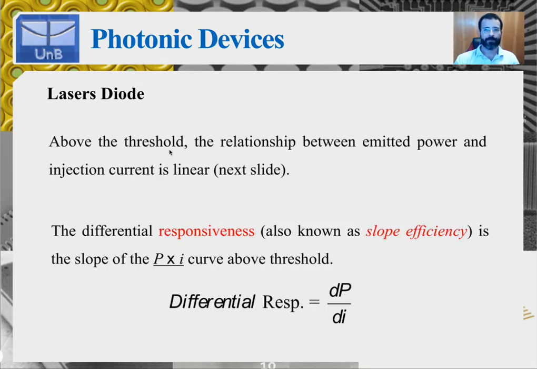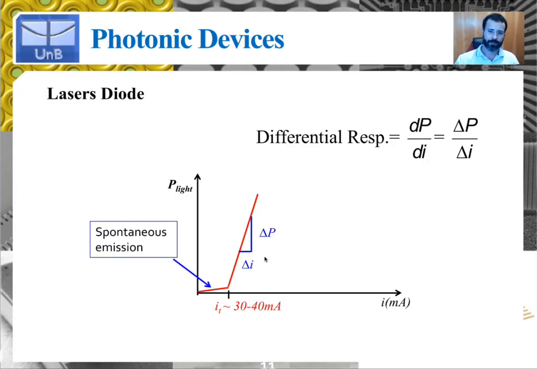And above this threshold current, the relationship between the power that's emitted and the injection current is pretty much linear, right? So what we have is something like this. We'll take a look at actual measured curves on our next slides, but you have a first quasi-linear region right here, in which basically spontaneous emission is dominating.